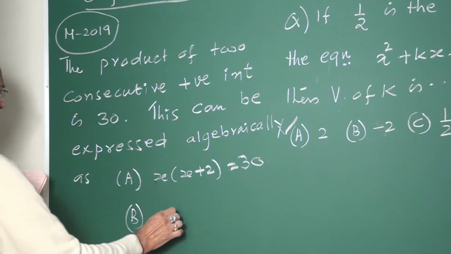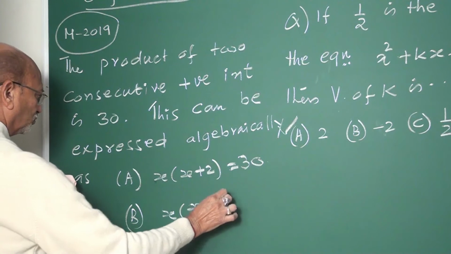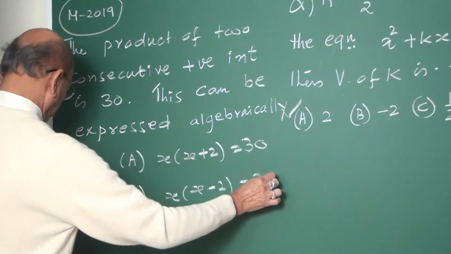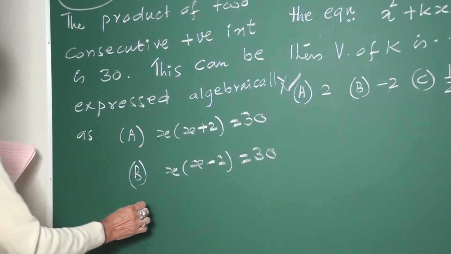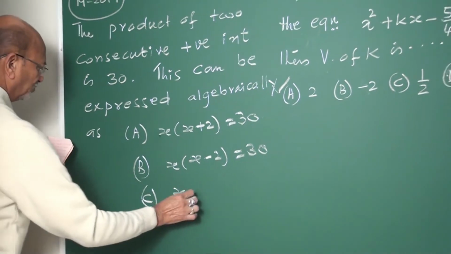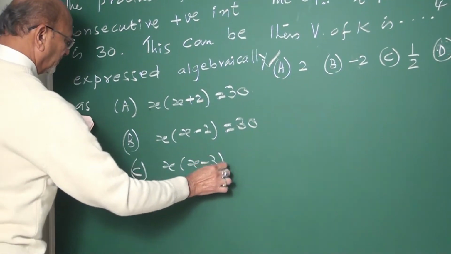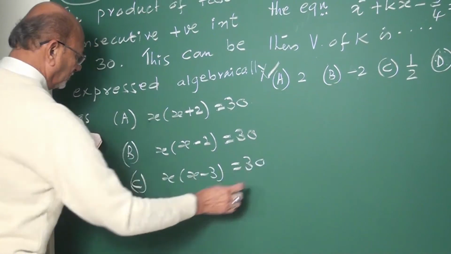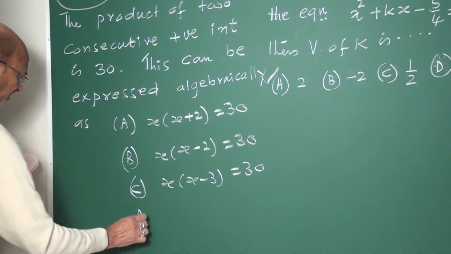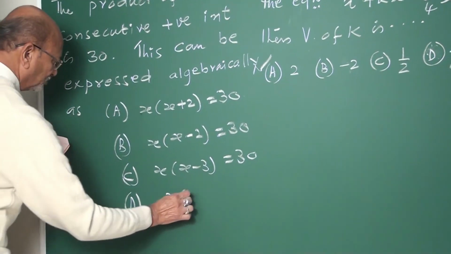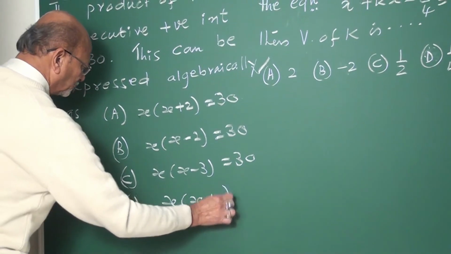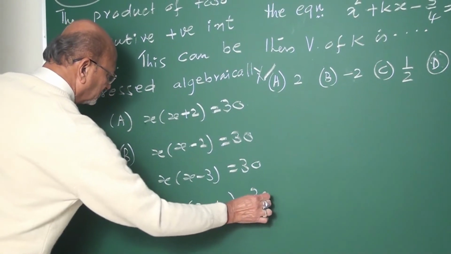B, x into x minus 2 is 30. C, x into x minus 3 is 30. Fourth option D, it is x into x plus 1 equal to 30.